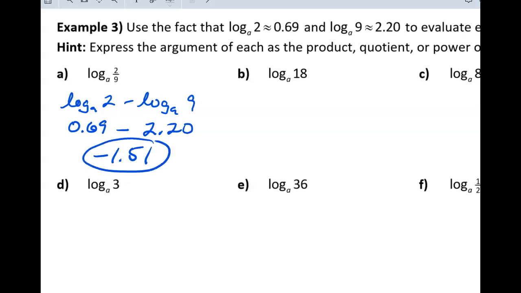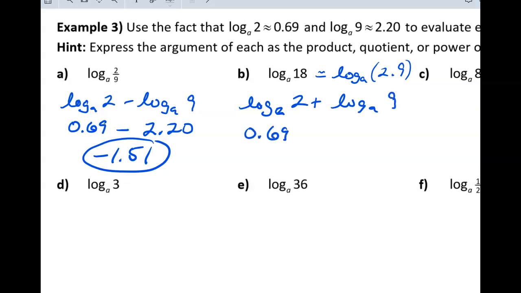Log base a of 18 can be re-expressed as log base a of 2 times 9. So that'll be log base a of 2 plus log base a of 9. Log base a of 2 is 0.69, and log base a of 9 is 2.20. Adding those together, we get 2.89.